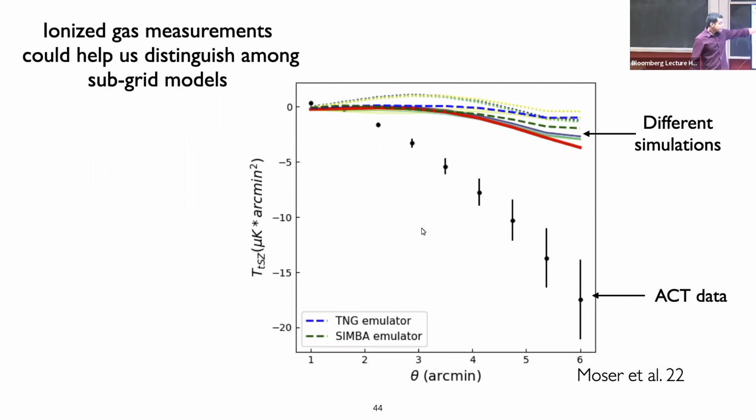But as you go farther from the centers of these halos, the gas that these surveys measured was a lot different from these different simulations. So the hope is that, using these CMB surveys, we could constrain these baryonic simulations to reduce differences between them and figure out which one is the most realistic.